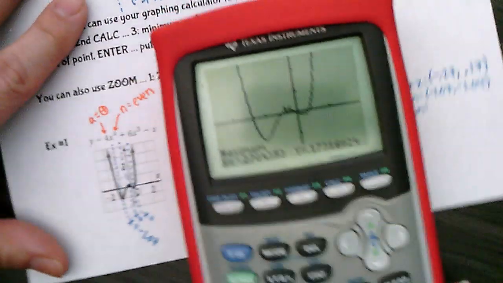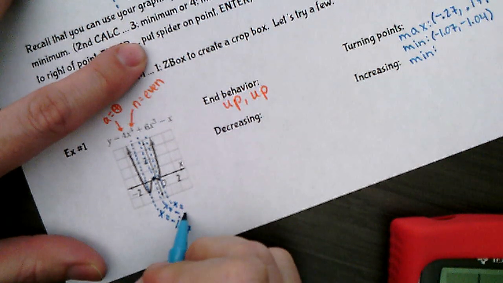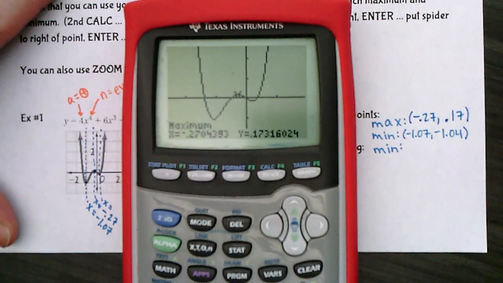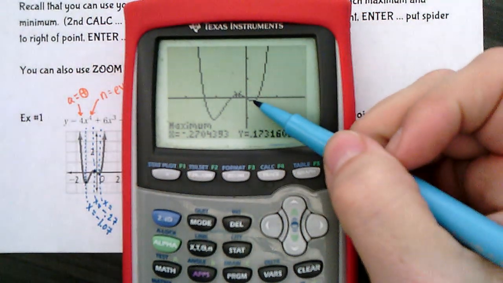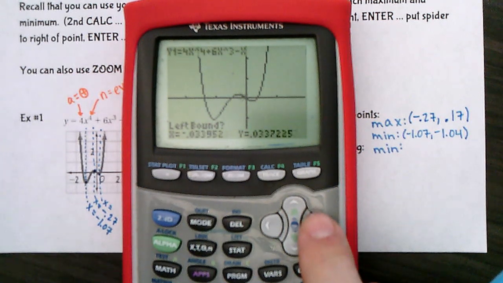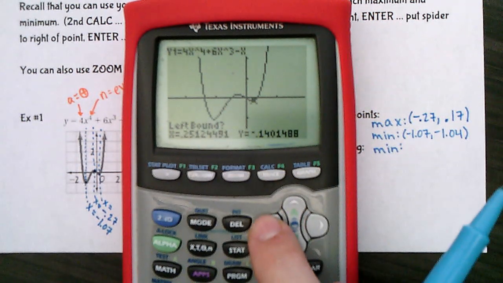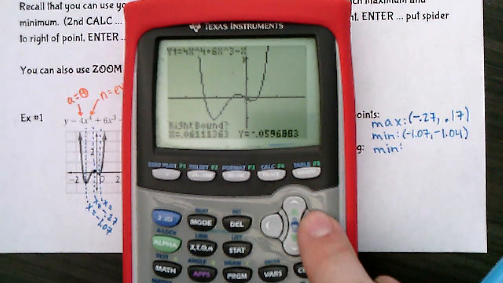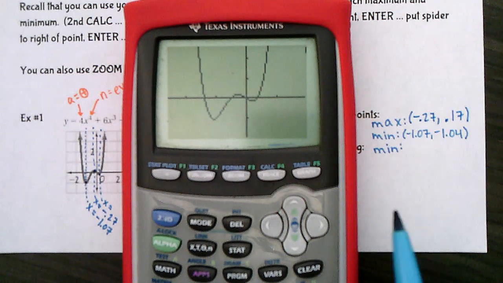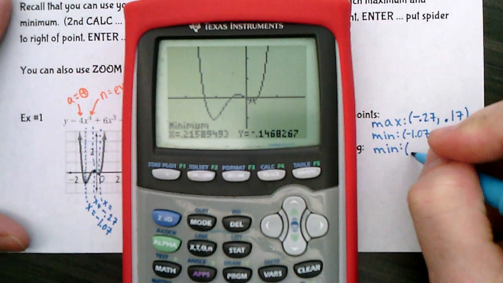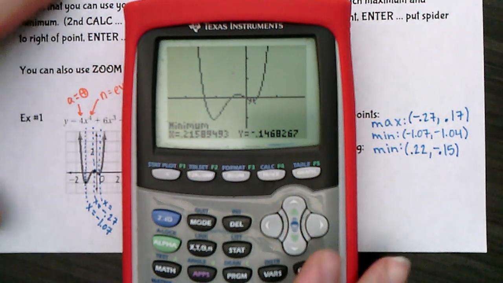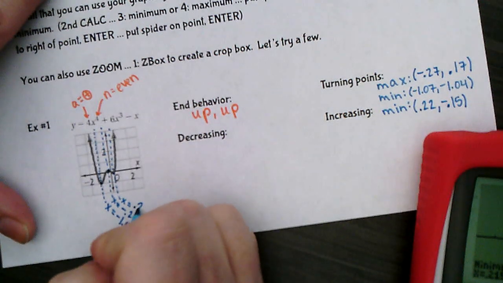So I'll label that x value negative 0.27. And then my next minimum right here, second calc, find a minimum. Need to be on the left of it, so go to the left of it, hit enter. Go to the right of it, hit enter. Go to it, hit enter. And that is 0.22, negative 0.15. So x equals 0.22.